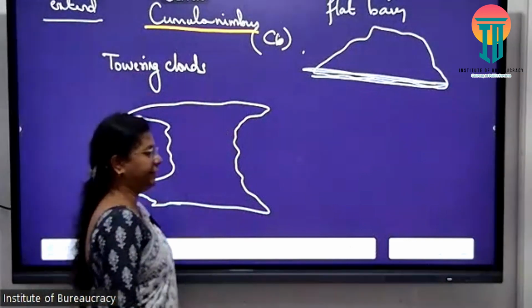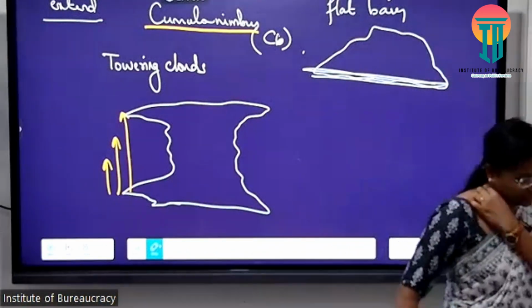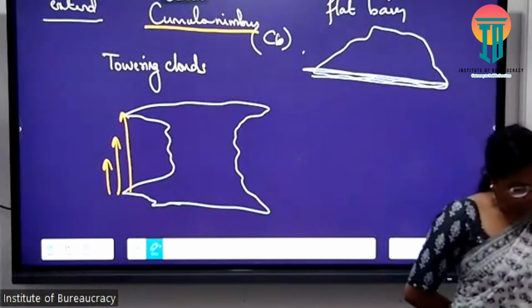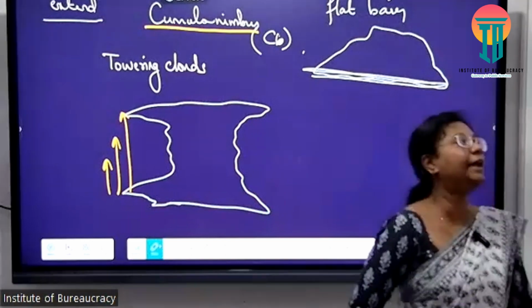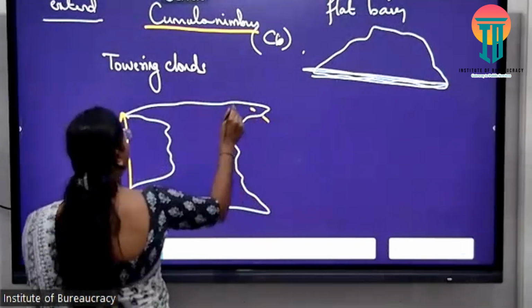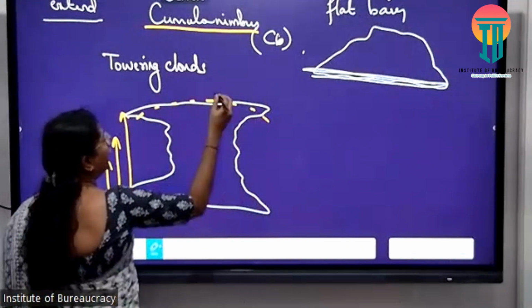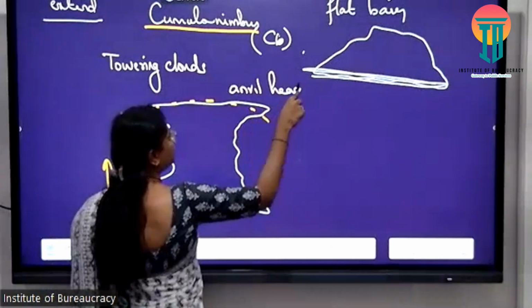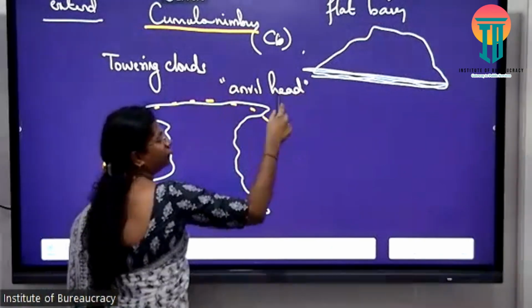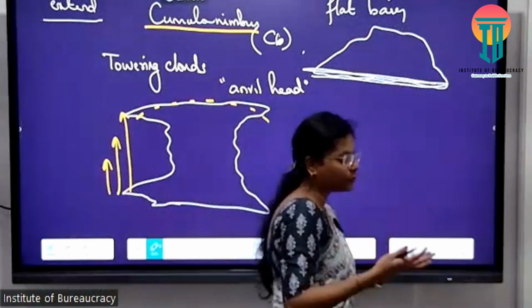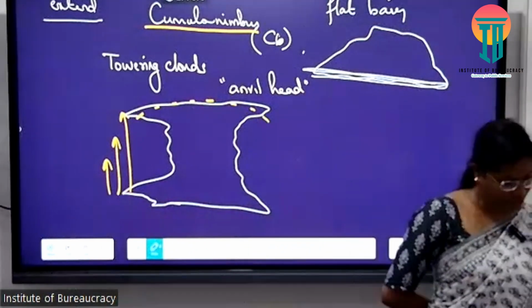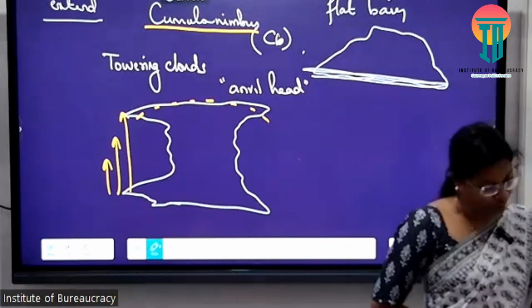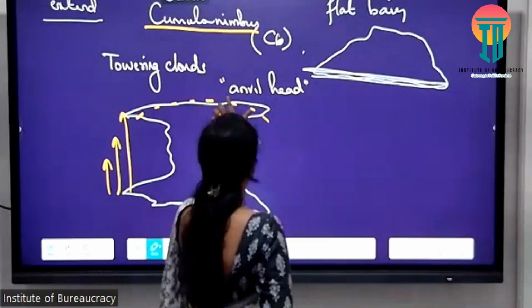Sometimes they spread out on the top to form an anvil head. Just as a tree has a canopy, these clouds have a beautiful canopy-like structure. Anvil, anvil head.